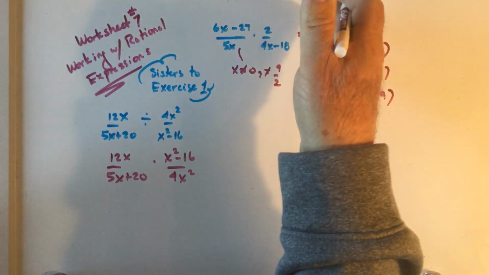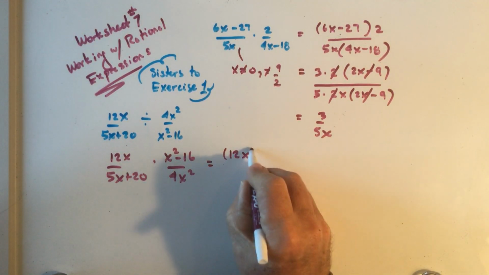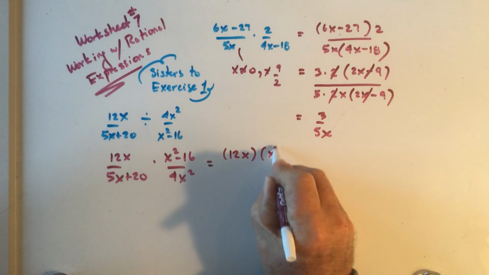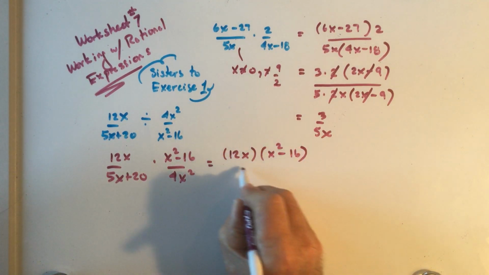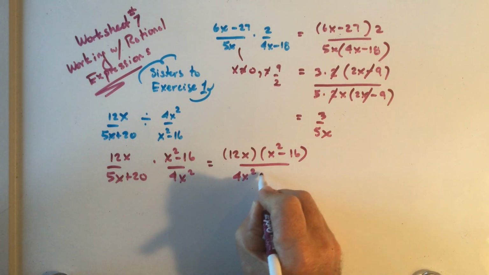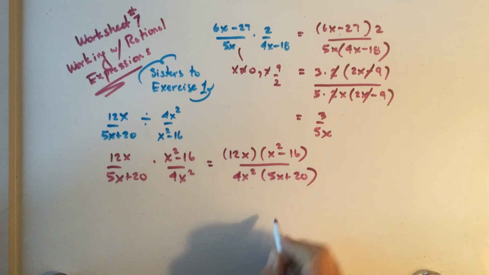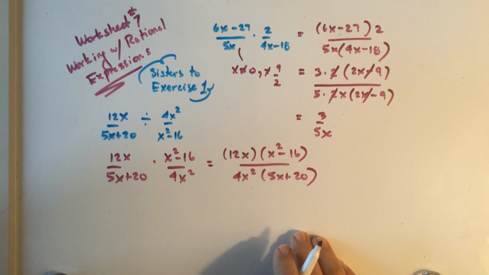And now we're back to this problem. We're just multiplying. Let's just multiply the top. Multiplication of fractions is the fun thing to do. Okay, and the second one is right here times 5x plus 10, 20. And now we're going to just do some simplification, right?